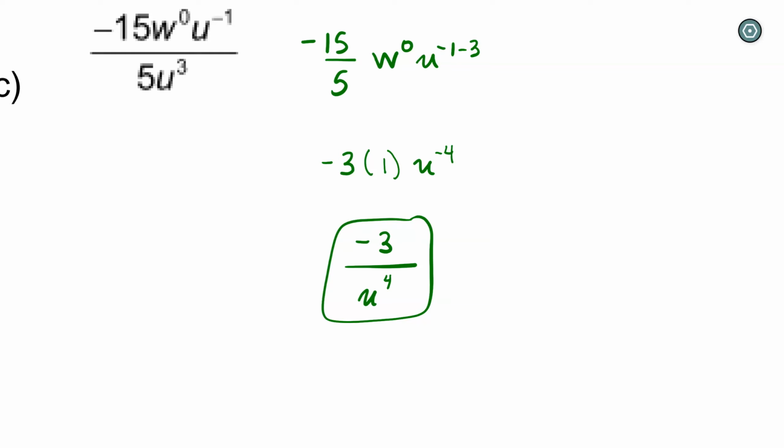How do I get the what? Negative 15 over 5 is negative 3. Why didn't you put w into why just 16 over 5, not the rest of it? Because we can use the subtraction. For u, there are 2 u's on top and bottom, and the way we simplify with the same base is you subtract the exponents.